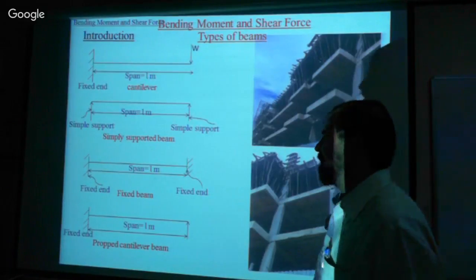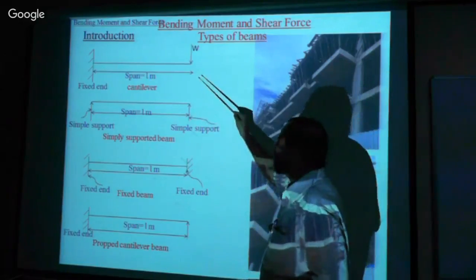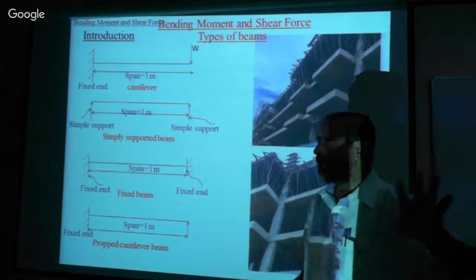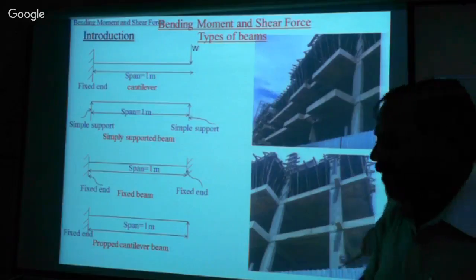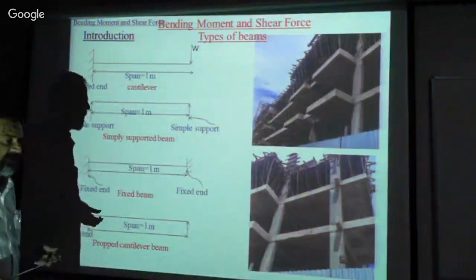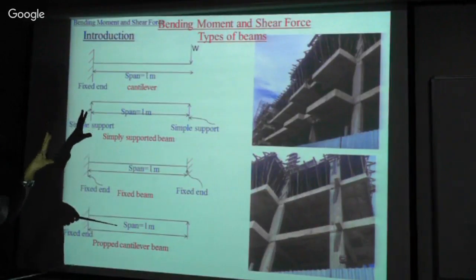We have discussed this a number of times. Kindly go through the previous classes in detail. There I have elaborately discussed these things, and these are the types of beams.